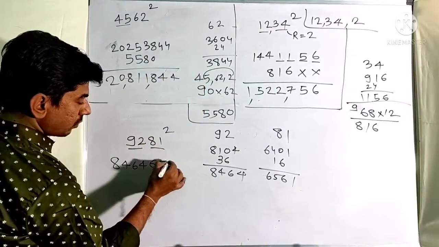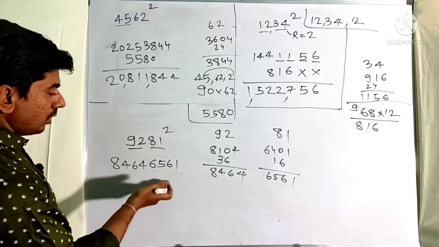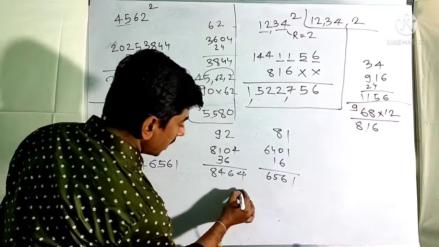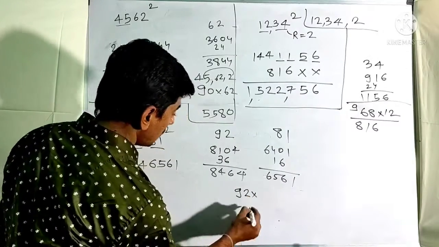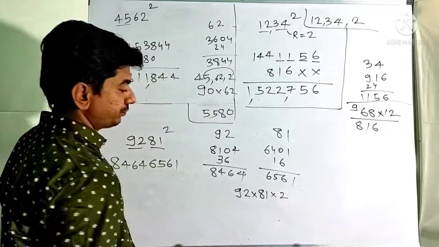Here it is coming as 4 digits, no need to worry, directly you can write. Now you have to leave 2 digits, but the multiplication you require is huge: 92, 81 and 2.